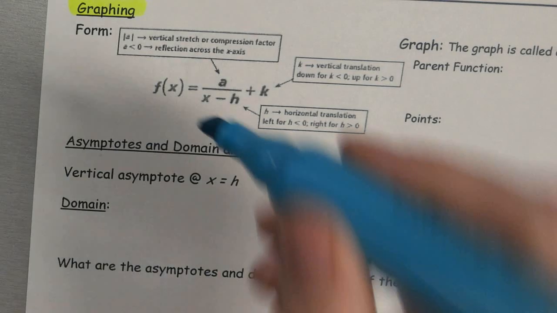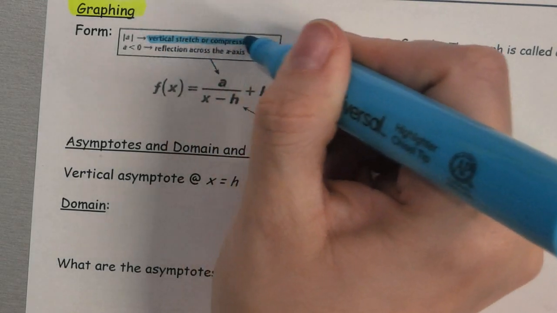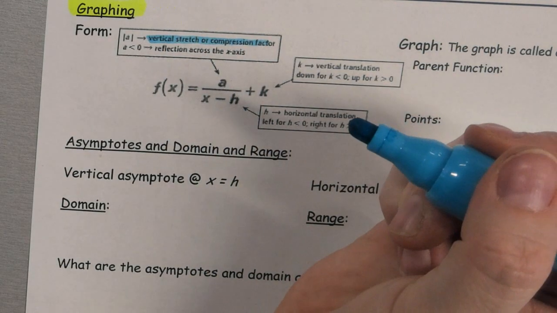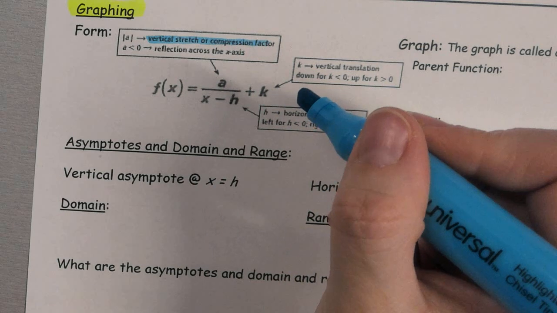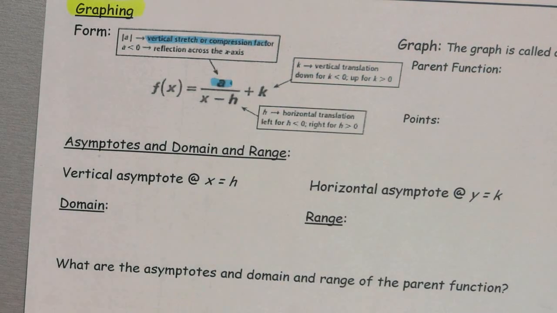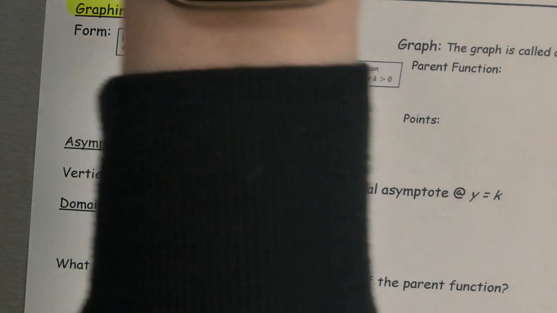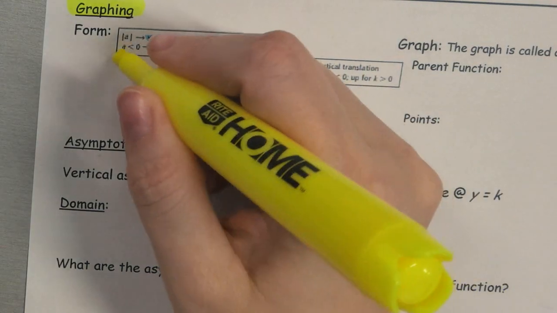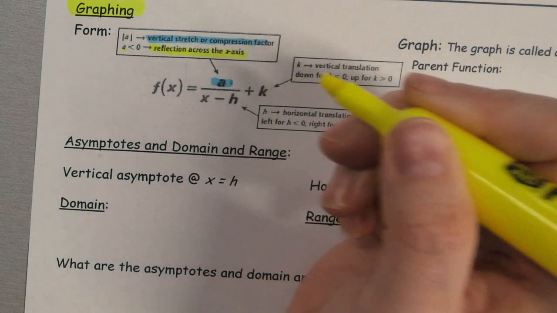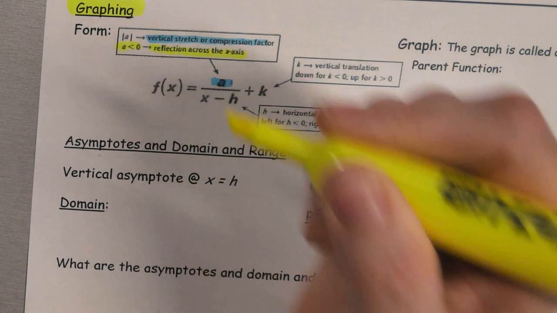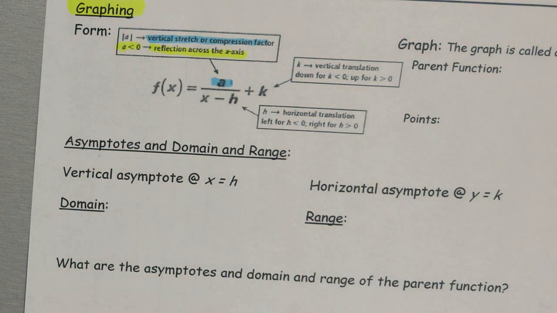And you have a vertical stretch or compression, okay, and you have a reflection. So that is related to that value on top, the A value. Same thing here. If A is negative, it's a reflection. So if there was a negative out there, that would tell you there's a reflection across the x-axis.